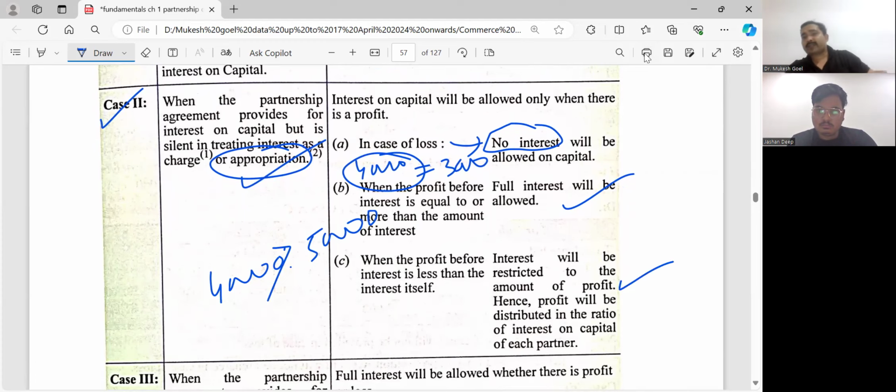We have completed this type of question. In that case, profit will be divided in the interest on capital ratio. We have completed this type of questions where the amount of profit is less than the amount of interest.